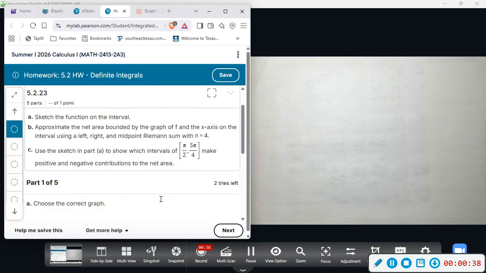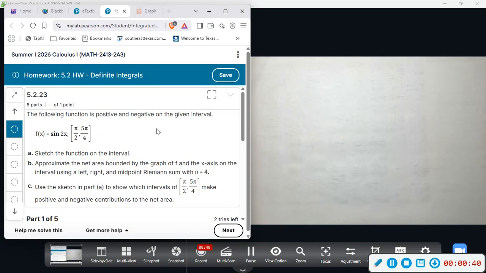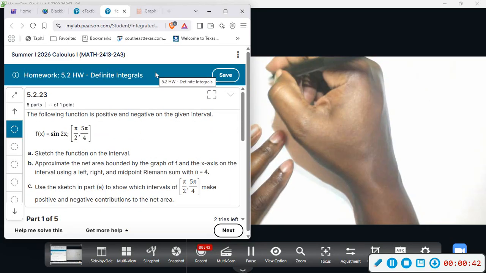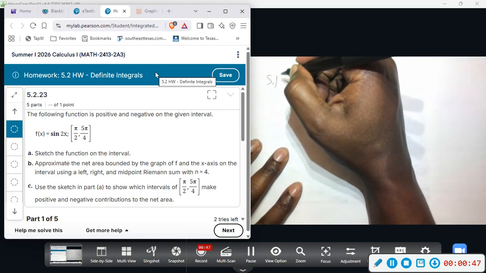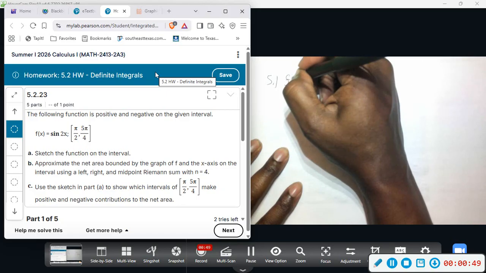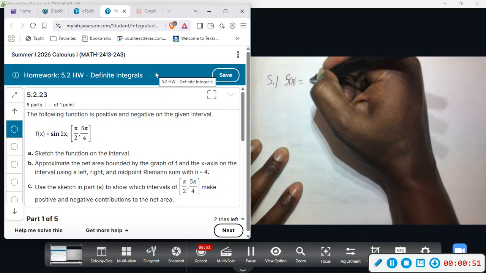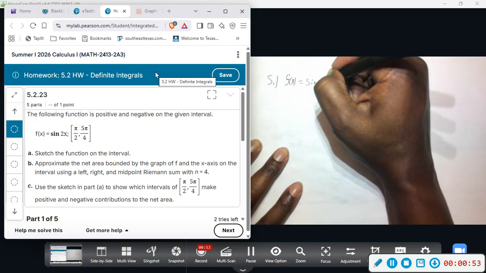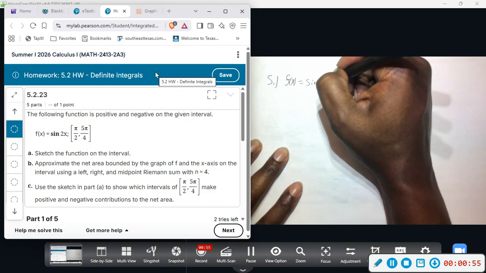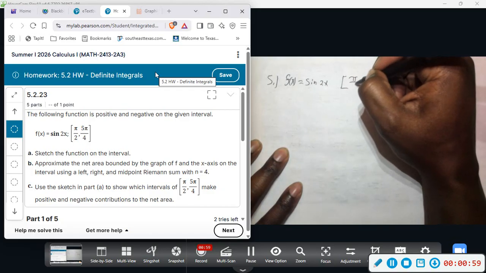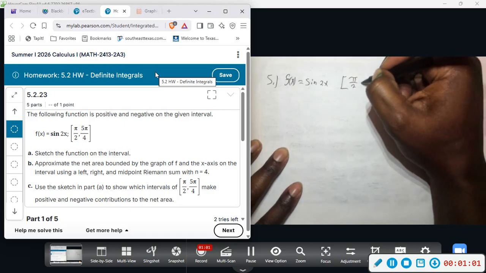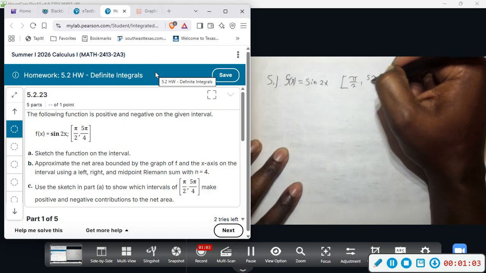All right, so we're going to use technology to help us with each of these steps. So let me get our function so I can see it whenever I flip to the calculator. f(x) is equal to sine of 2x, and we are bounded by pi over 2 to 5 pi over 4.